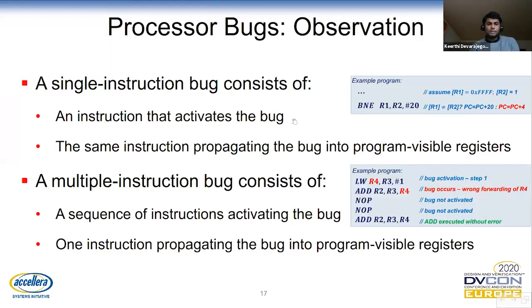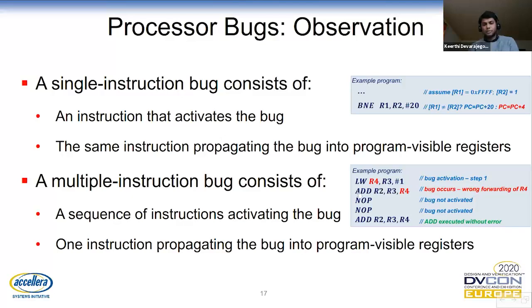And in the case of a multiple instruction bug, we have a sequence of instructions that activate the bug, not one instruction, but a sequence of instructions. In the example shown, a load word followed by an add instruction is a sequence of instructions that triggered the bug. And then we have one instruction that propagates the bug into a program visible register.